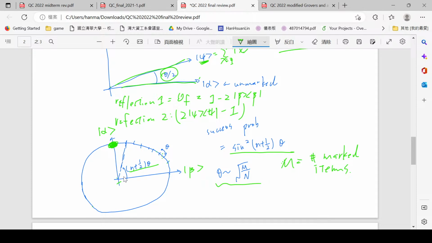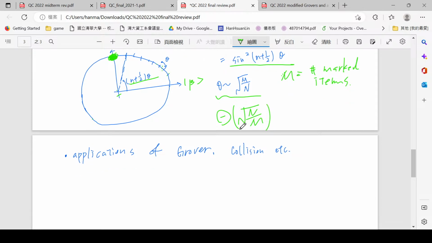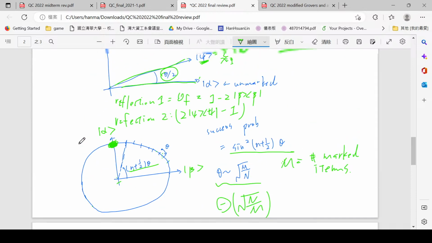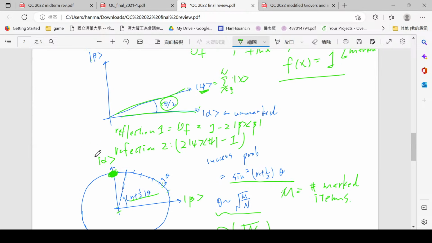So that gives you that the query complexity of getting somewhere here should be order square root of n over m, and we also have a lower bound showing that this is optimal. So theta of square root n over m to find the marked item. Obviously there are caveats. The caveats are you need to know m, and you have some error probability. We also have a lower bound, which is interesting to know.